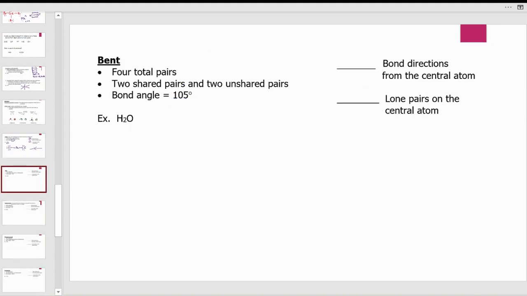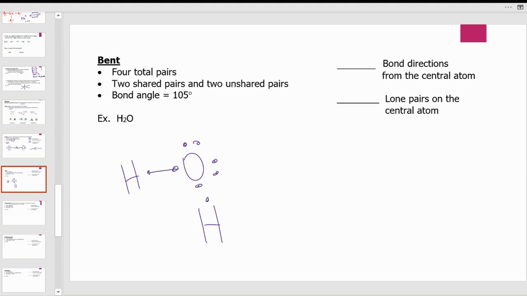All right. Ooh, bent. Let's draw water. How many hydrogens should we make? How many oxygens should we make? 1. Oxygen has how many valence electrons? 6. Hydrogen has 1.